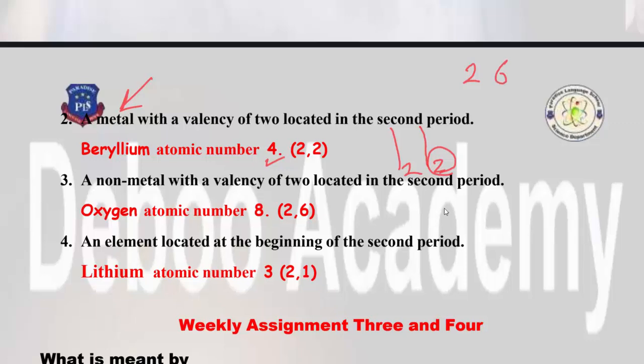A non-metal with a valency of 2 located in the second period ends with 6, it gains 2. It's a non-metal. An element located at the beginning of the second period is lithium, 2, 1, so its atomic number is 3.